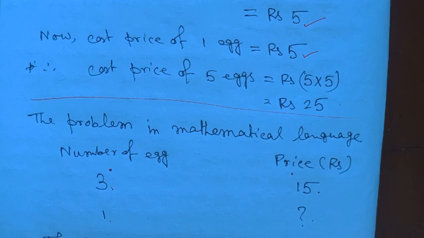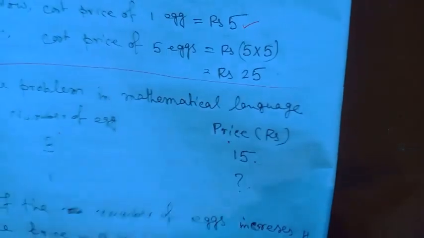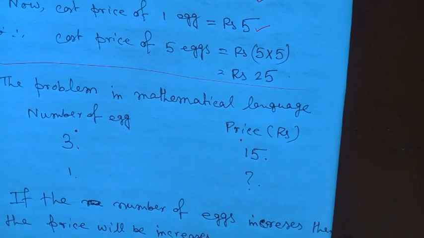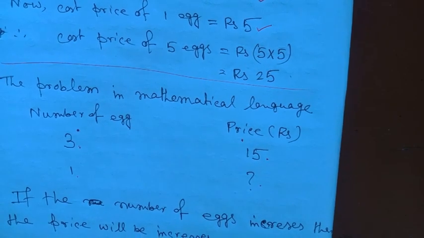So these two are in direct relation. Now if one quantity increases and the other decreases, then these are in inverse relation. Problems of inverse relation we will discuss later on. So if the number of eggs increases, then the price will also increase. So the number of eggs and the price are in direct relation.